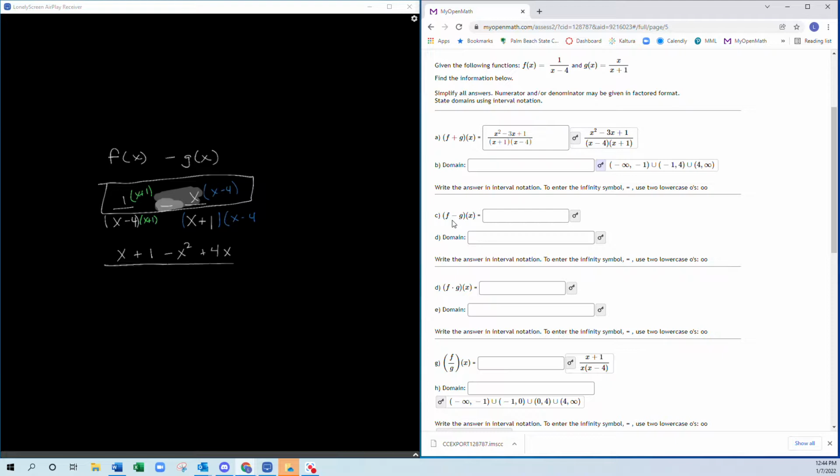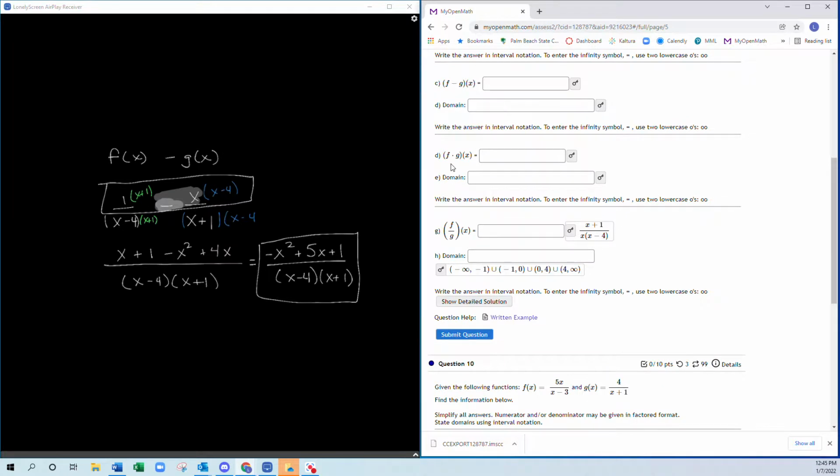That's all over my common denominator of x minus 4 times x plus 1. I simplify the numerator and put it in descending terms, so that would be negative x squared plus 5x plus 1 all over your common denominator. All right. Now you'll see the denominator is exactly the same, so your domain is exactly the same for this one.